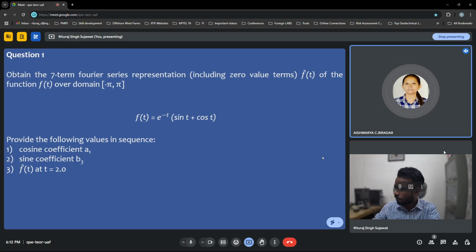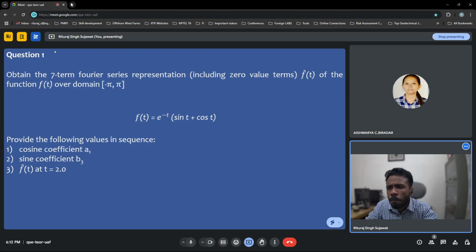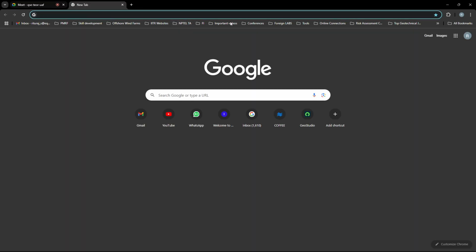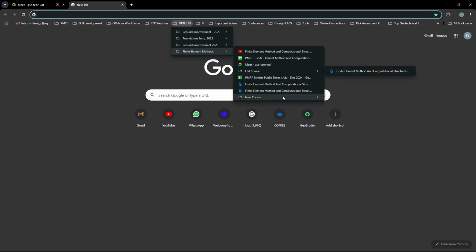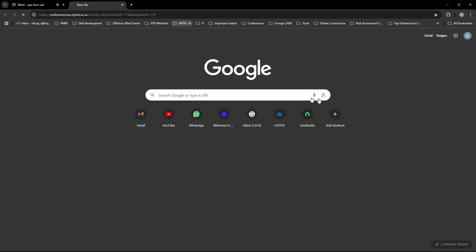Third question of the assignment, something to draw with accelerogram. Okay. Assignment 12, right? Assignment 1. New codes, finite element methods, compositions.